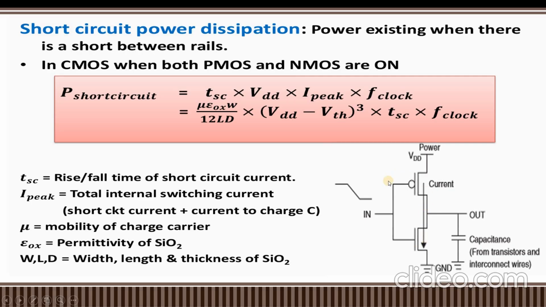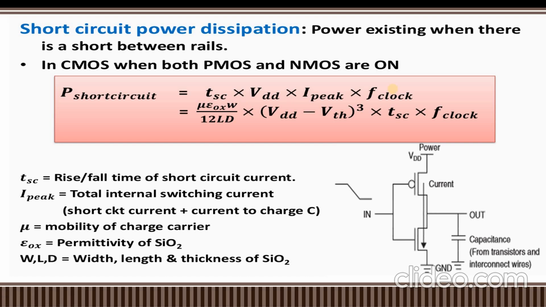You can see this diagram, a conventional CMOS inverter. And this is the formula. From it we can say that short circuit power dissipation is directly proportional to rise time and fall time, to the supply voltage, and we can also conclude that it is directly proportional to the frequency.